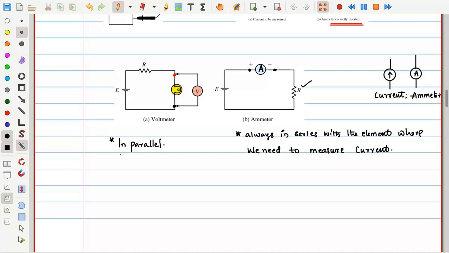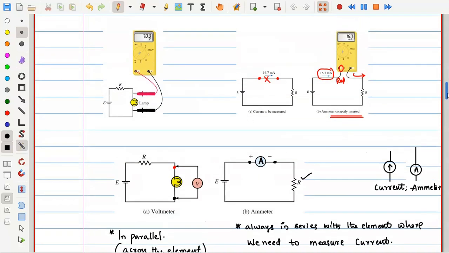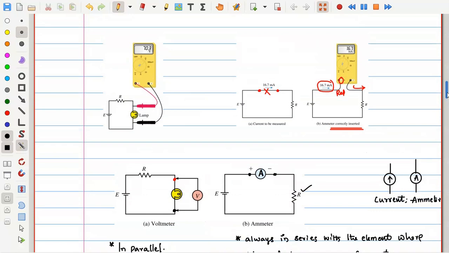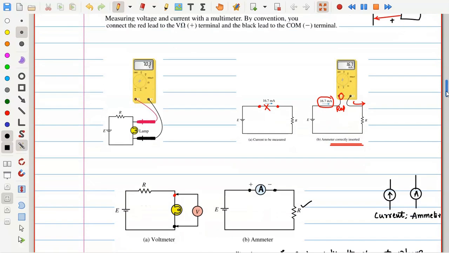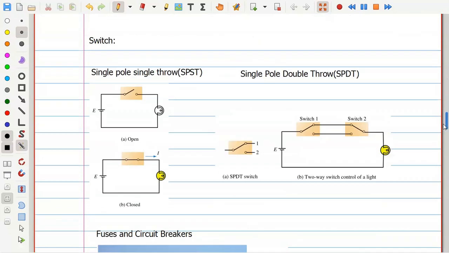That word across should be properly used. Across the element is nothing but parallel. Clear? So these are the voltmeter and ammeter usage, and with this I hope you can understand the voltage polarity and current directions properly. Clear?